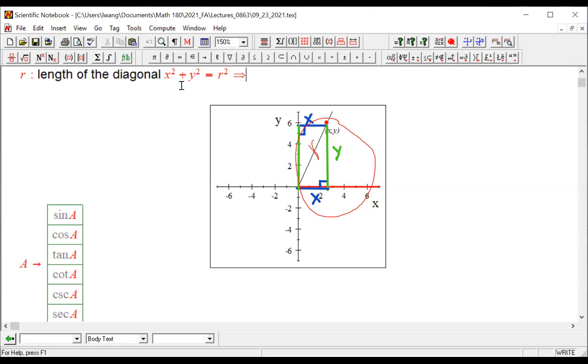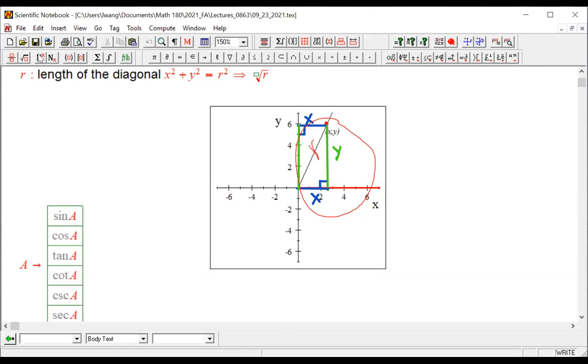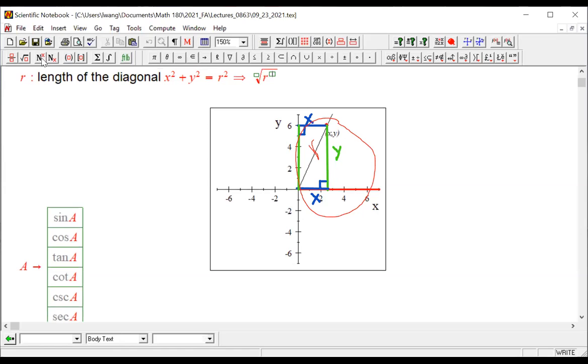From this, if we take the square root on both sides, what do we get? We get the square root of r squared equals the square root of x squared plus y squared.